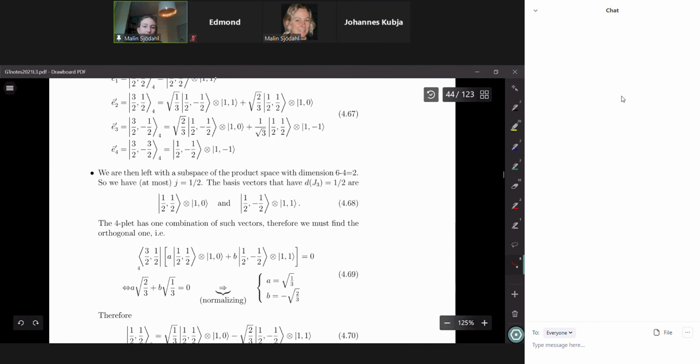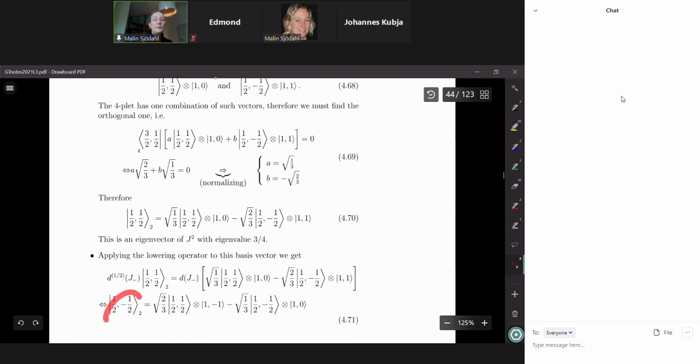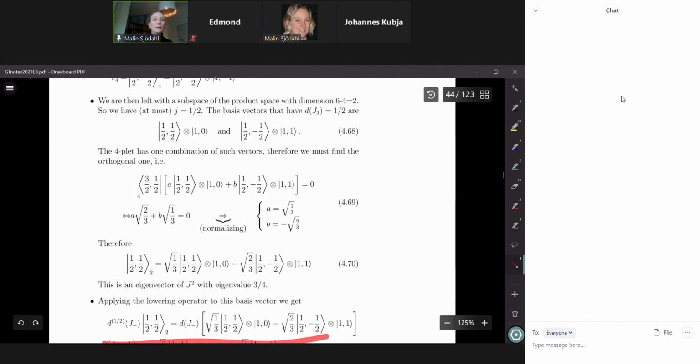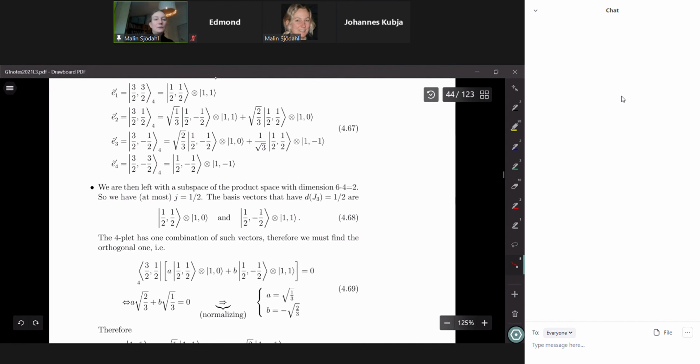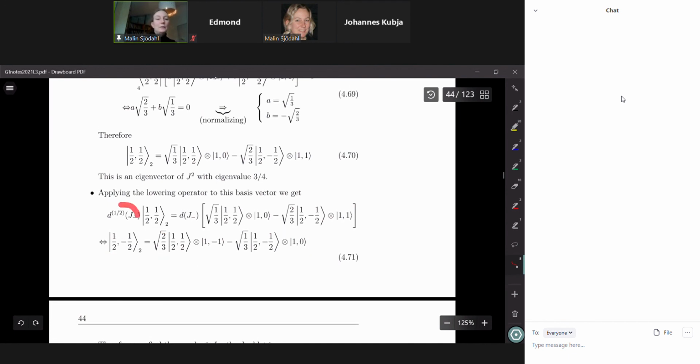However, if we had tried to obtain this state here by saying that it should be the state that is orthogonal to this state, then we would have had to watch out, because this state should also be obtained by acting with the lowering operator on that state.